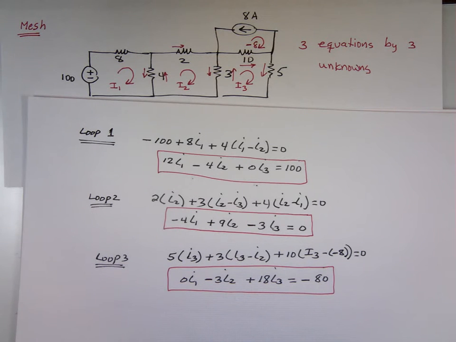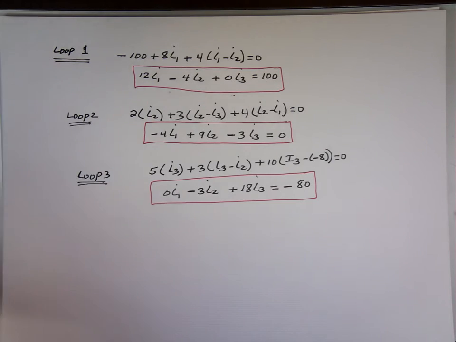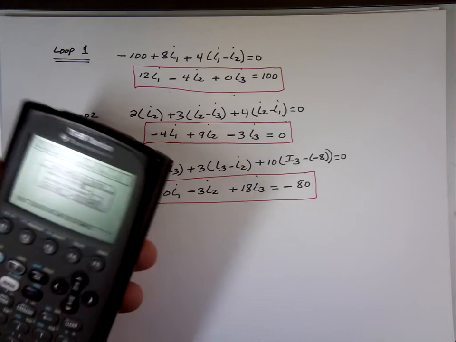Now I should be able to go to my calculator, type these values in, or if you want to use algebra to solve them, substitution, elimination method, whatever technique you want to use, determinant, Gauss-Jordan, anything. So 3 by 3.